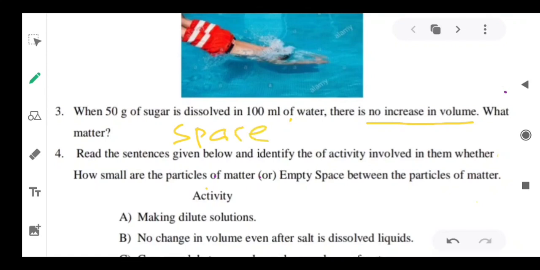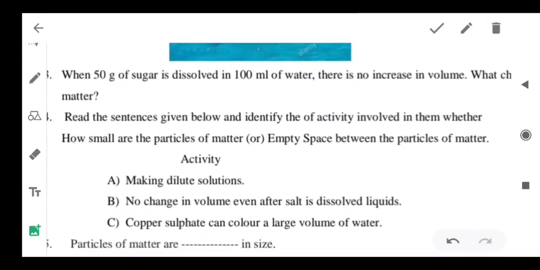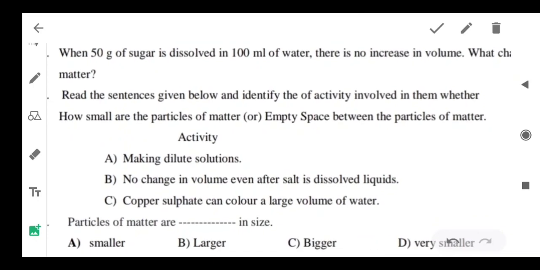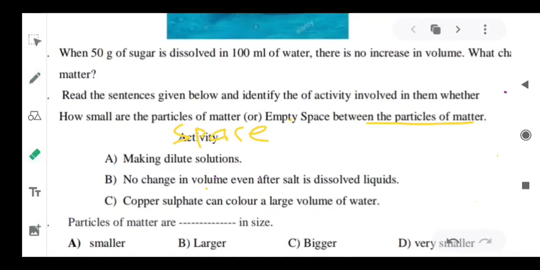Okay, next one. Read the sentence given below and identify the activity involved in them: whether it is how small the particles of matter are, or the empty space between the particles of matter. First activity, making dilute solutions.